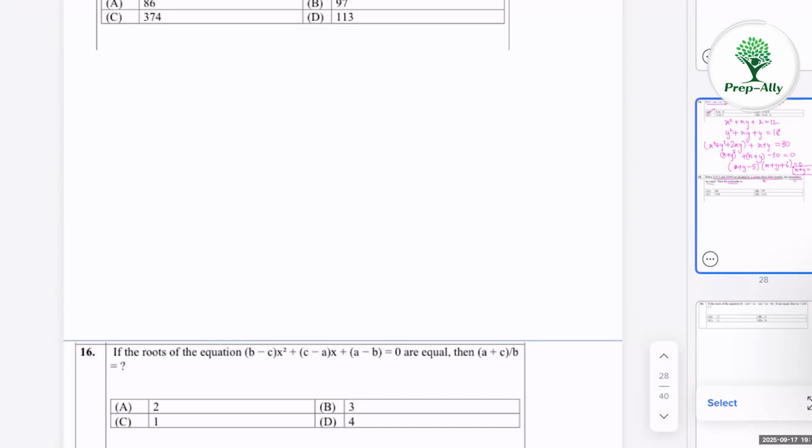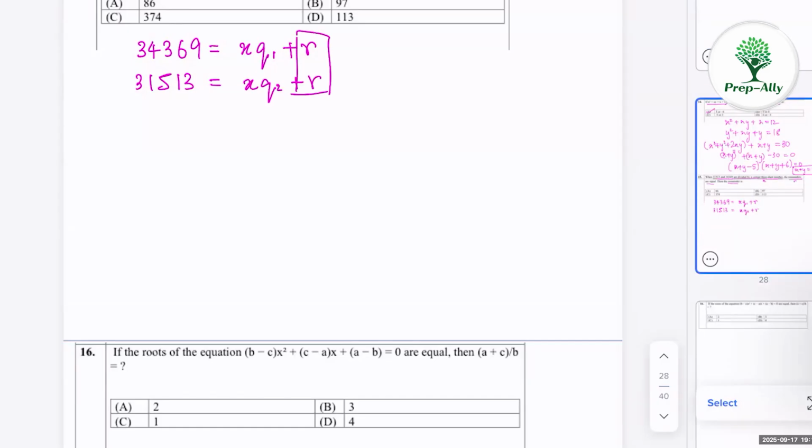So we have 34,369 equals x times some quotient plus r. And similarly, we have 31,513 equals x times some quotient plus same r. So the remainders are same, right?